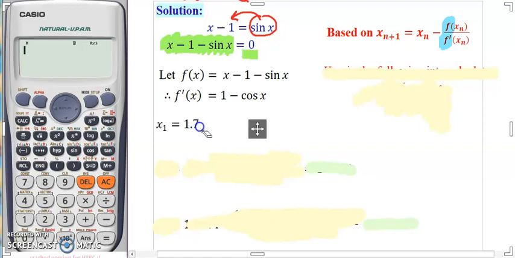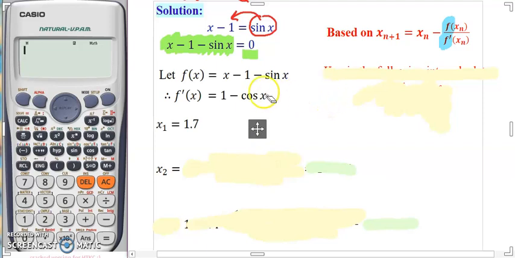The next thing we're going to do is start to apply this formula to calculate our x2. Referring to this formula, the idea is simple: x(n+1) is the current x that we want to calculate, and xn refers to the previous x. So in this case, x2 refers to the current calculation, and x1 refers to the previous result that we substitute into our function.